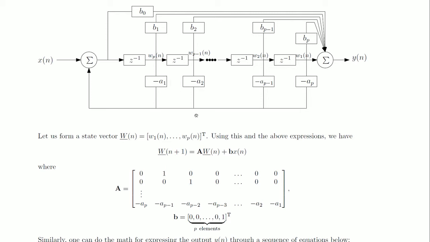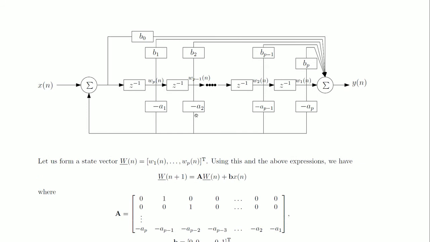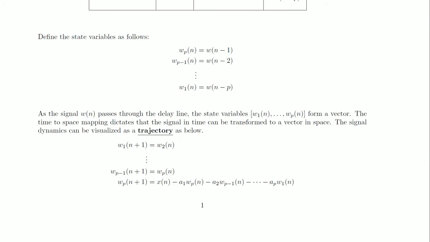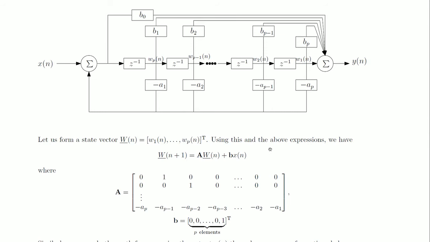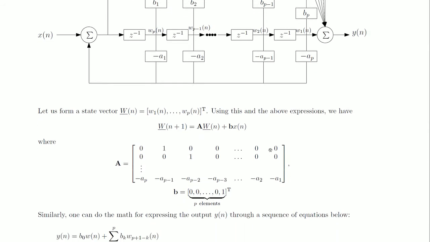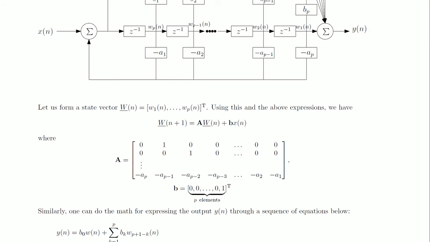Using this set of equations that we formulated here, we will connect them in the form of a matrix equation. W(n+1) is some matrix A times W(n) plus some vector B times x(n), where this matrix A has this form, and B is basically all zeros followed by 1, comprising P elements, a P element vector.